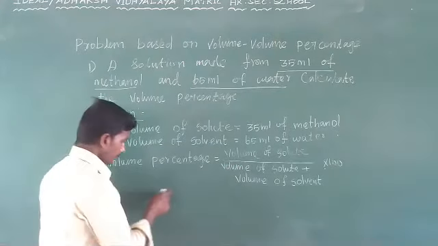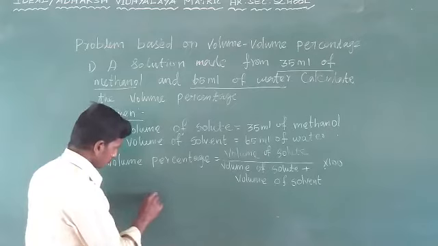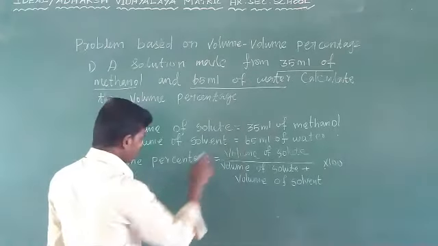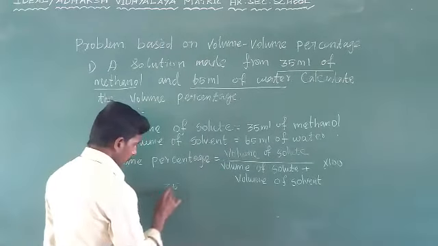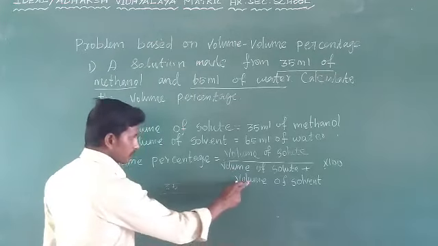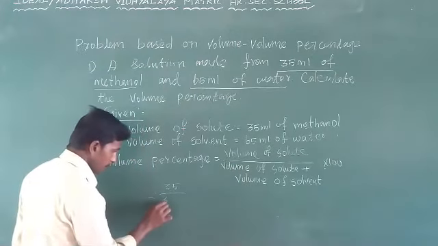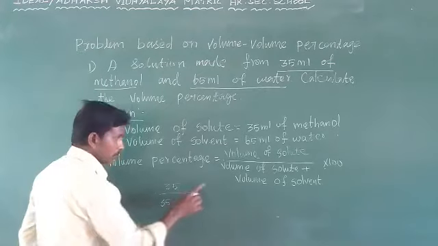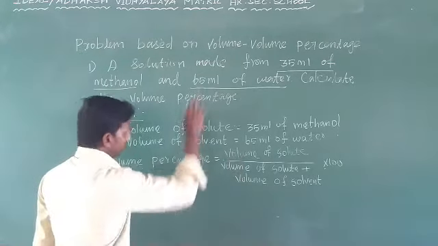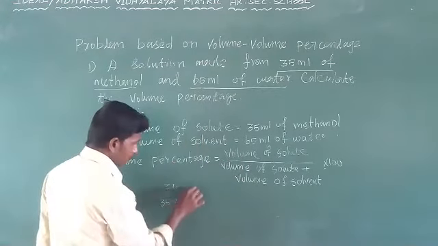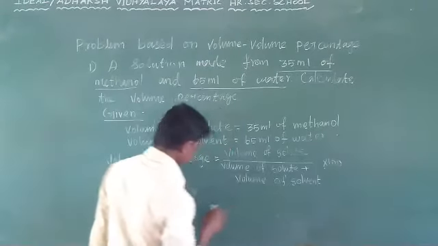So now, volume of solute is 35, divided by volume of solute 35 plus volume of solvent 65, into 100.